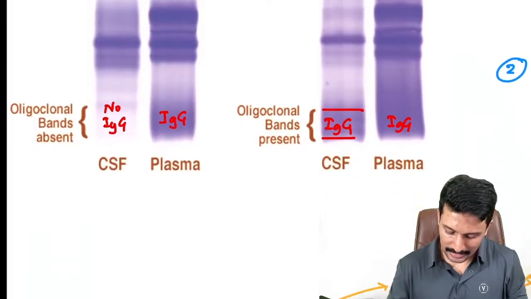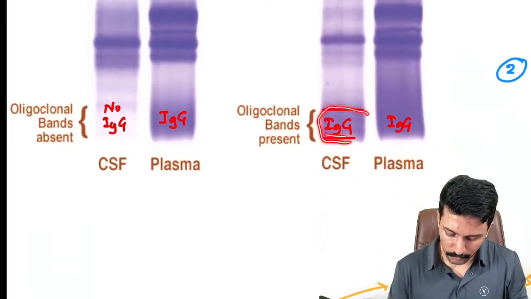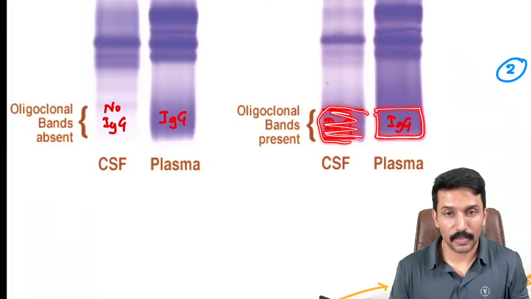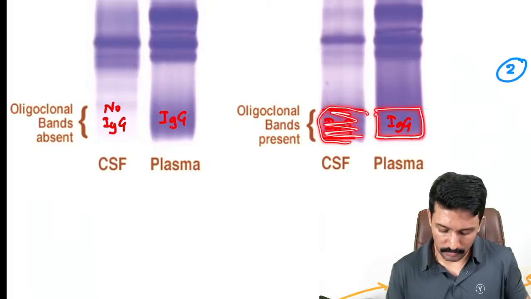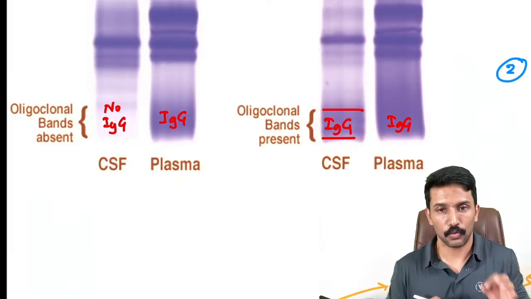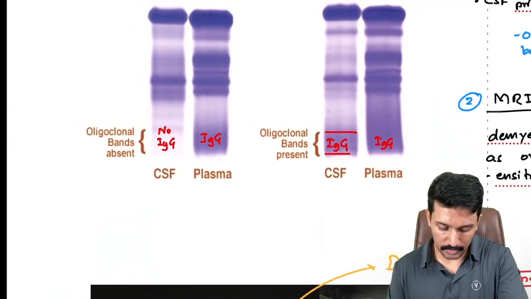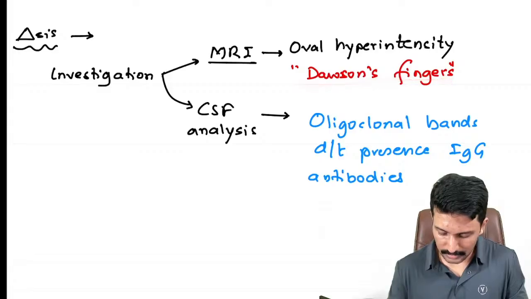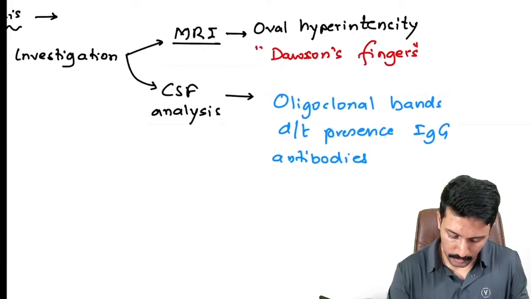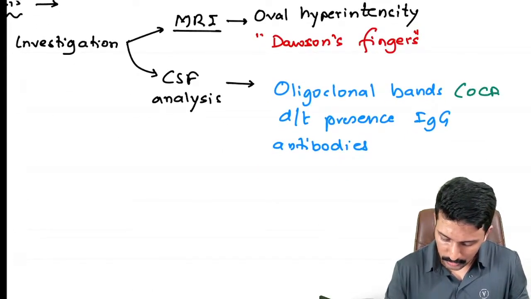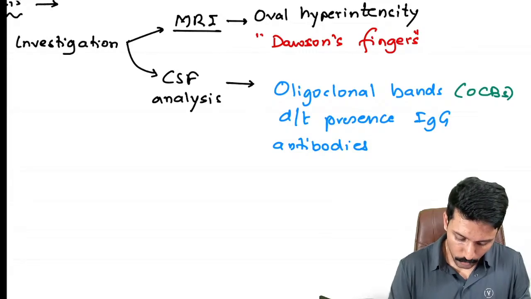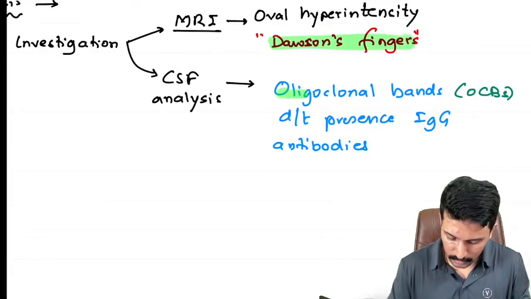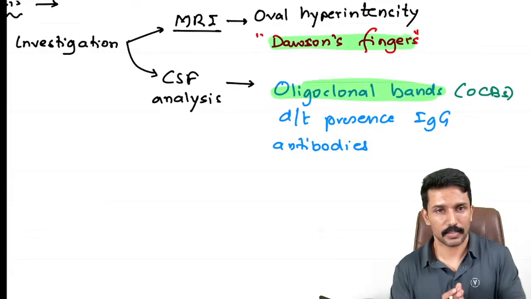But once IgG appears in the CSF also, it forms a band where we see IgG in the plasma. So this band is what we call the oligoclonal band, right? So remember, these are potential MCQ points. Dawson's fingers and oligoclonal bands, usually abbreviated as OCBs, are very, very important MCQ points, repeatedly asked. Both of them have been repeatedly asked.